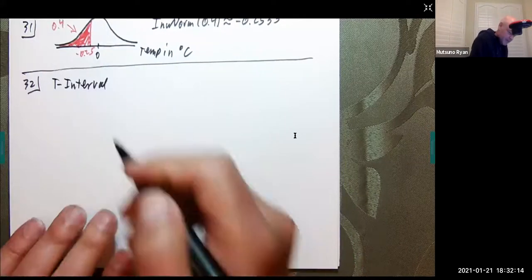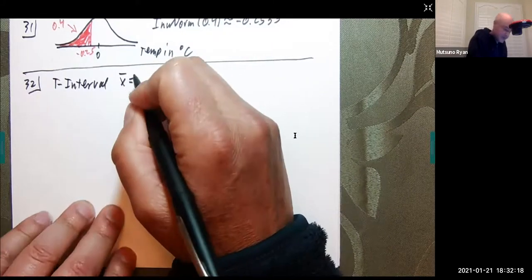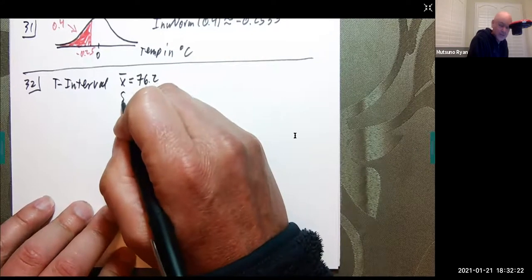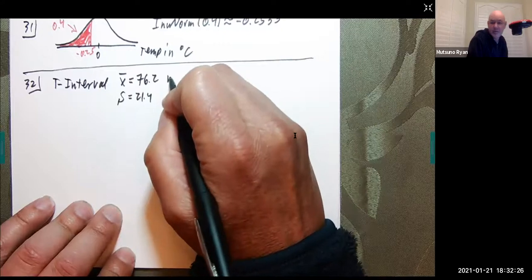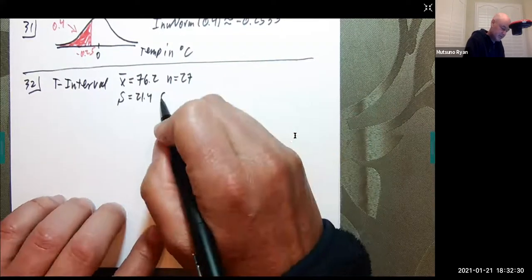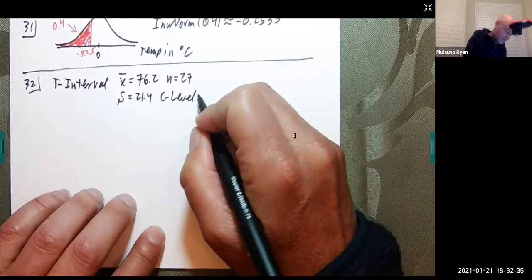And let me write some of this out. So X bar was 76.2. Sample standard deviation was 21.4. And N is 27. And the C level is, in this case, 0.95.